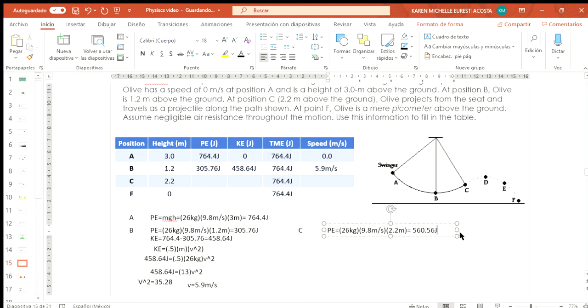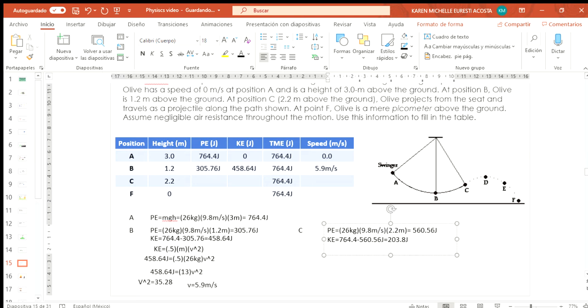Then we get the kinetic energy by subtracting: 764.4 minus 560.56. That gives us 203.84 joules.